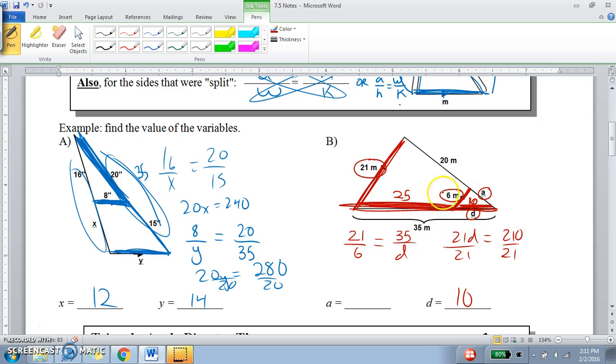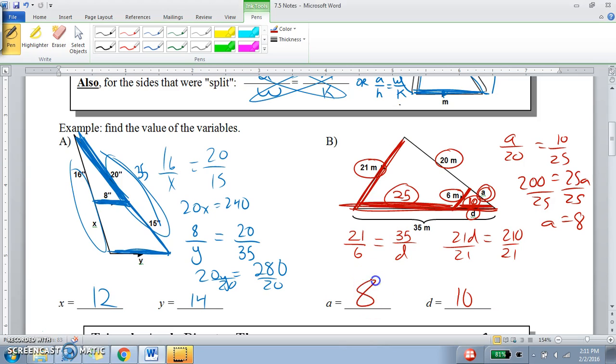So now we can use the side splitter theorem to solve for A. We can compare A and 20 to 10 and 25. So when we cross multiply that, we get 200 equals 25A. Divide by 25. A would be 8. Oops, 8.